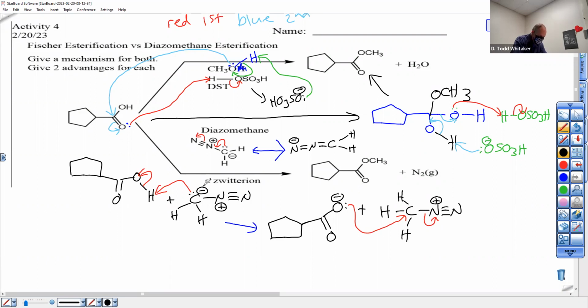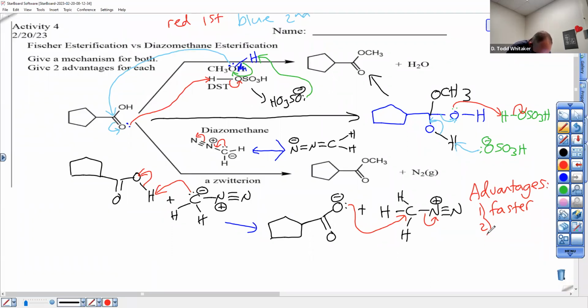The advantage down here, this one's done in seconds. 1, faster. 2, the side product's a gas. Do you have to bother purifying that away from the ester, which is still in solution? No. So easier cleanup, I guess is what you would say.